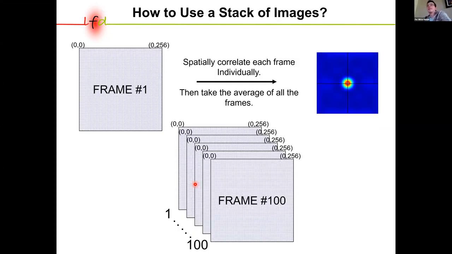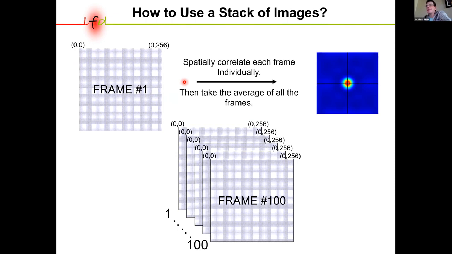Okay, so if we do this for 1 frame, we get our 2-dimensional spatial correlation function, which we can then analyze in terms of interpreting it for any movement of molecules. But just a note here, typically just collecting 1 frame is not enough for signal to noise reasons.